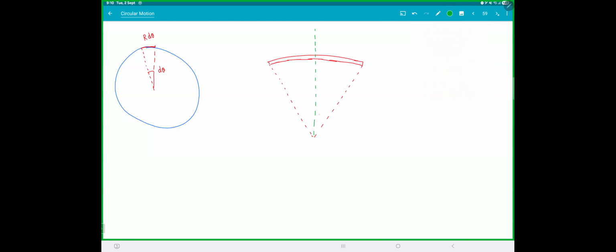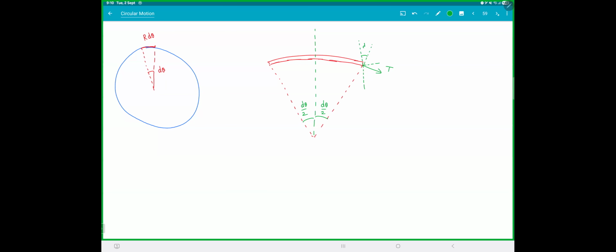So what are the forces acting on this? This angle will be d theta by 2 and this angle will be d theta by 2 because you're dividing with a bisector. This will be tension. Remember this, that is d theta by 2.